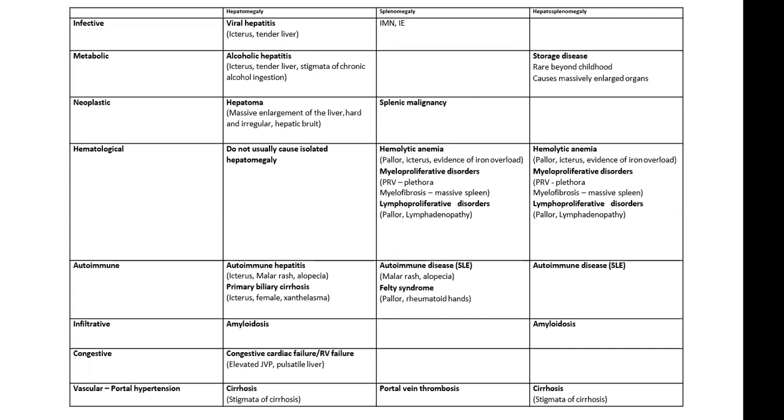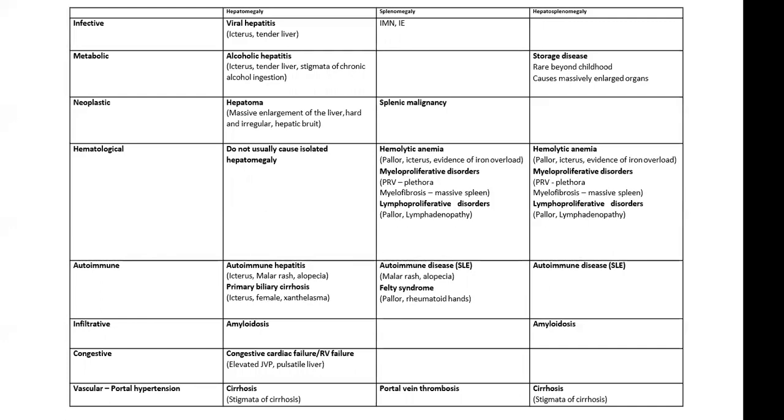Autoimmune hepatitis, those sorts of things are rare. Amyloidosis is rare. The only thing you need to know is that amyloidosis can cause a massive hepatomegaly. Then the other common one is congestive heart failure, right heart failure, causing hepatic enlargement. And the liver might be pulsatile, especially if they have tricuspid regurgitation on top of that.